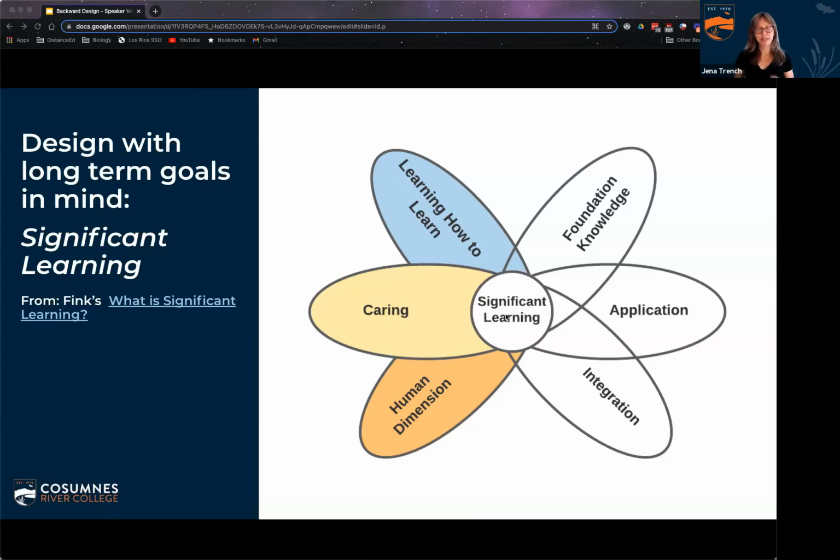But Fink suggests that significant learning cannot take place unless there are other elements beyond the textbook knowledge components that we usually think about with learning. And that is learning how to learn, right? So becoming a confident learner and consumer of information so that students can continue to learn when we're not there to guide them.